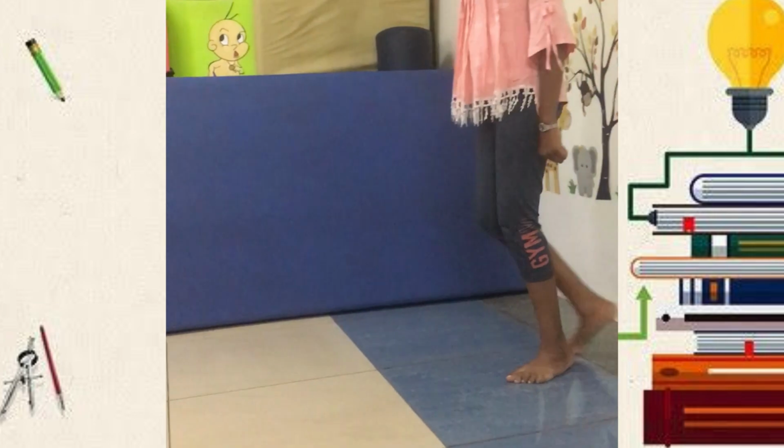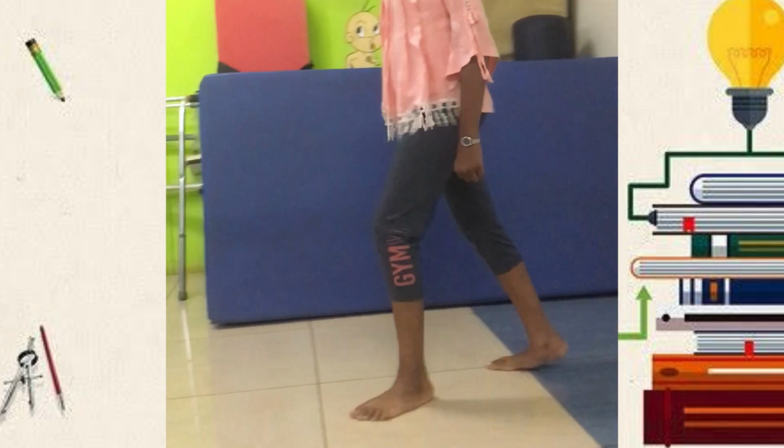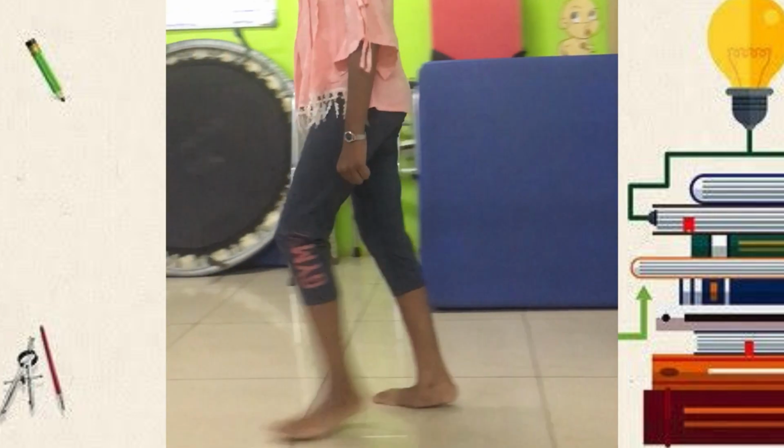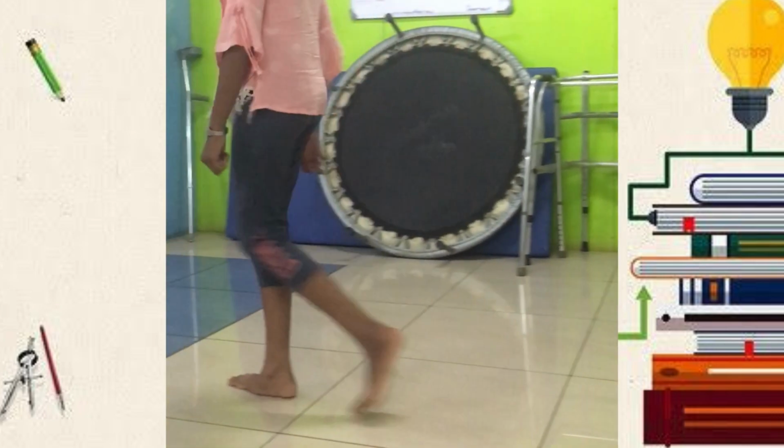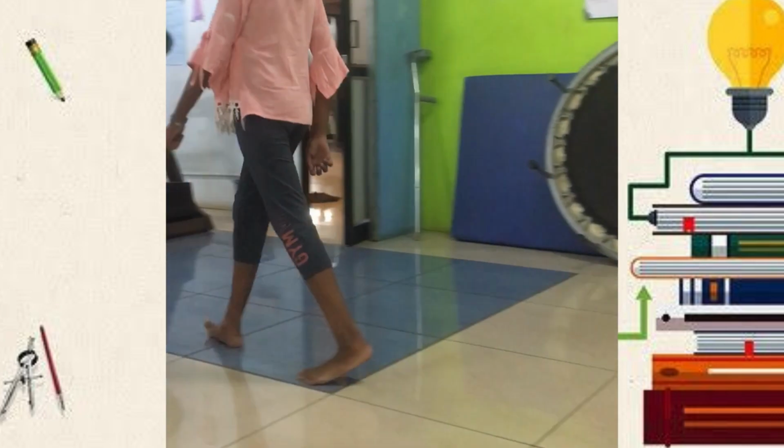That is again because the calf muscles are very tight and the hamstring muscles are very tight, which is not allowing the ankle to go into more dorsiflexion, nor the knee joint to go into more extension. So these are the problems that we can see from the x-ray and from the observation of the patient.